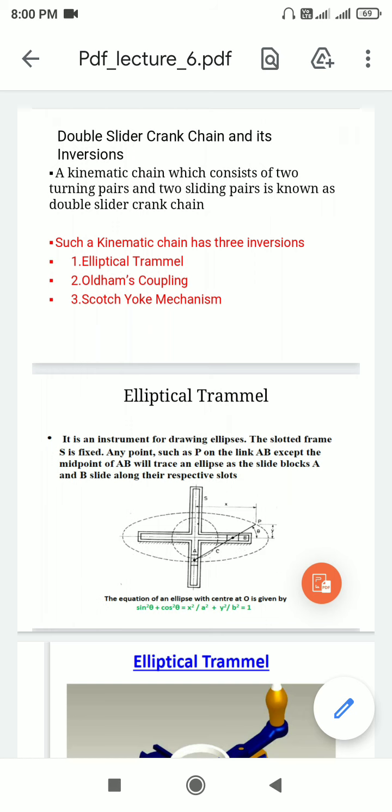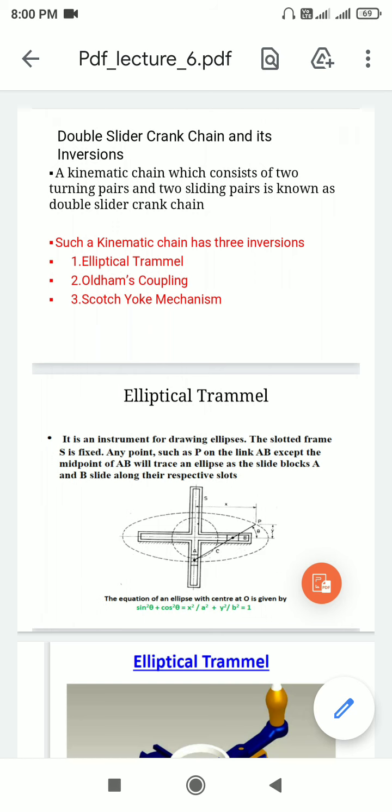And when we discussed the single slider crank chain mechanism, there are three turning pairs and one sliding pair. That's what we discussed for the single slider crank chain and its inversions.